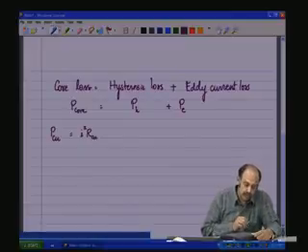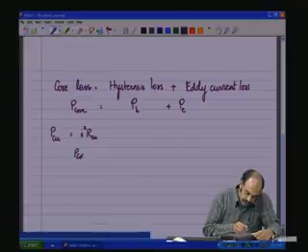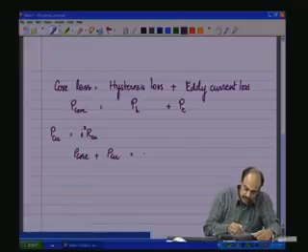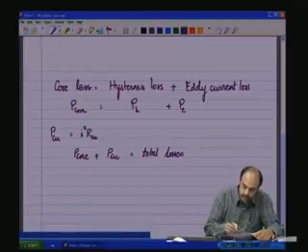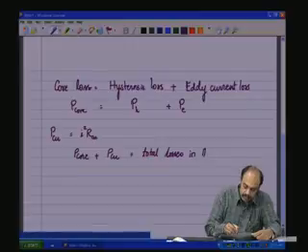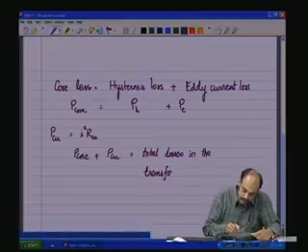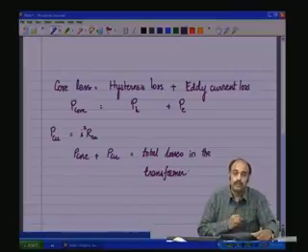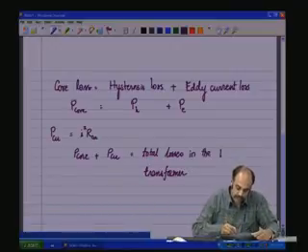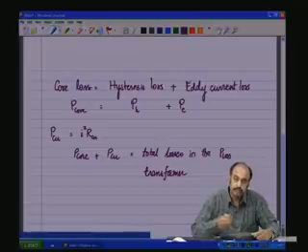So, core loss plus copper loss will be the total losses in the transformer, P loss.